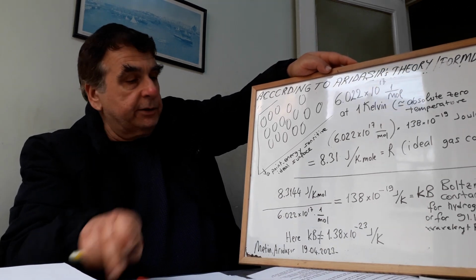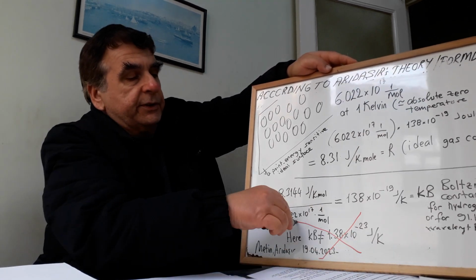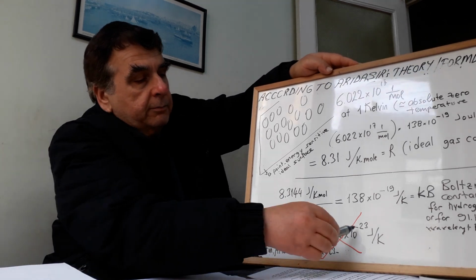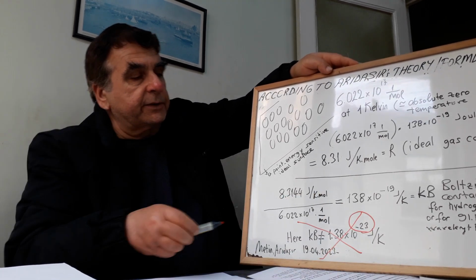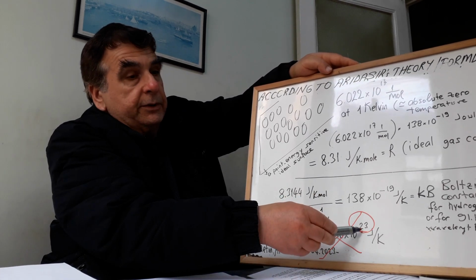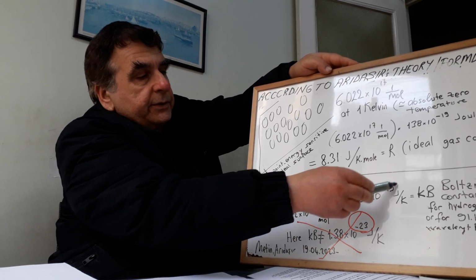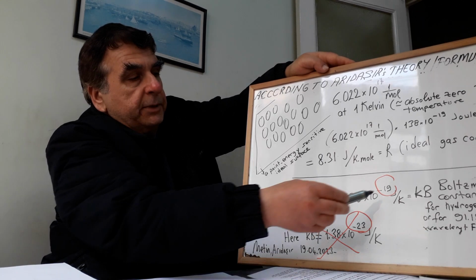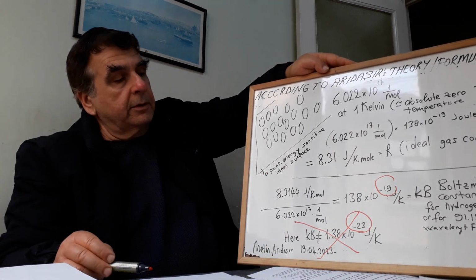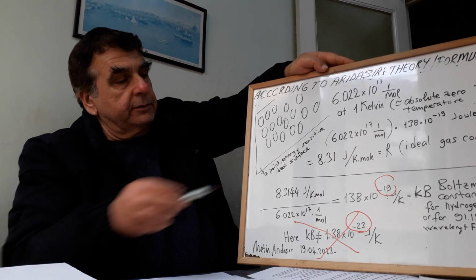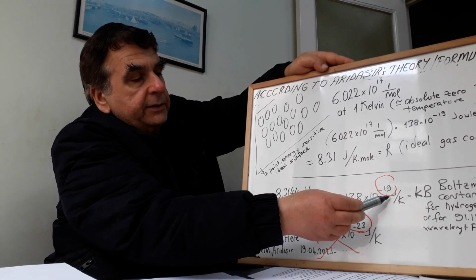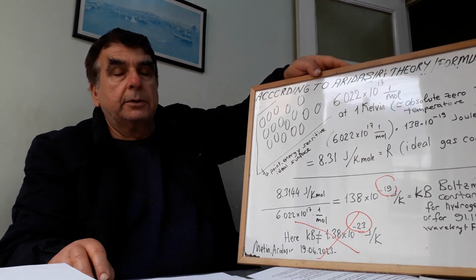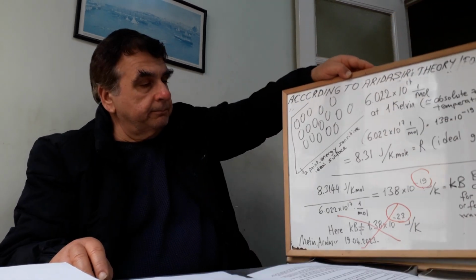For hydrogen, this is not true because of the 10 to the minus 23. Here it is the same main figure, but the power is different, 10 to the minus 19 joules per Kelvin.